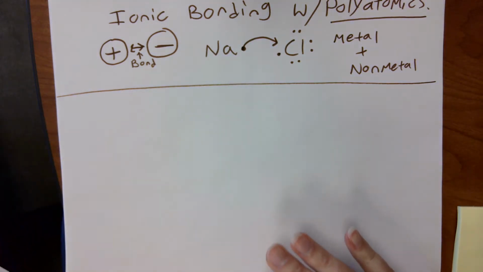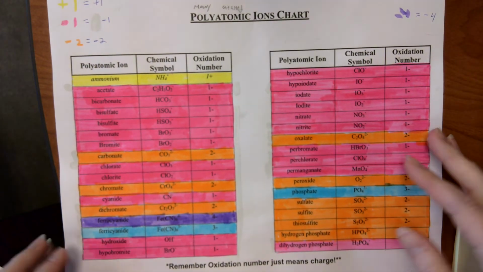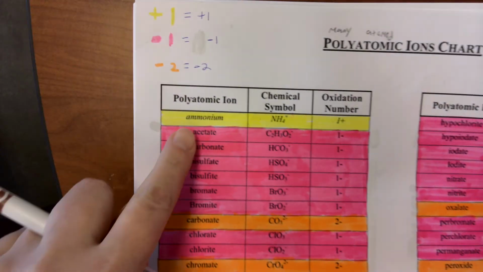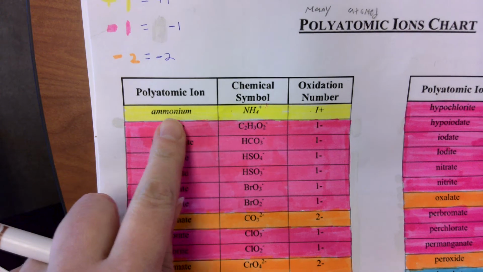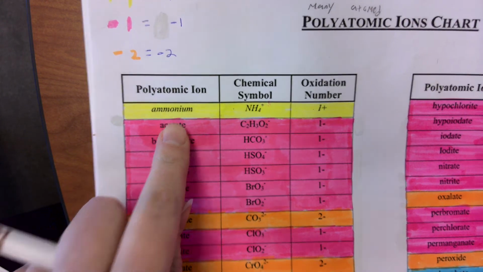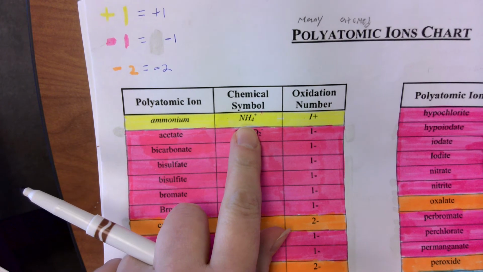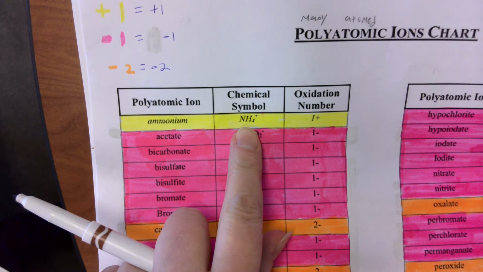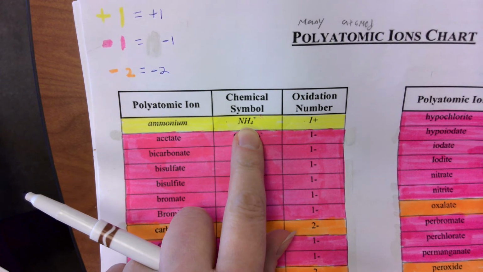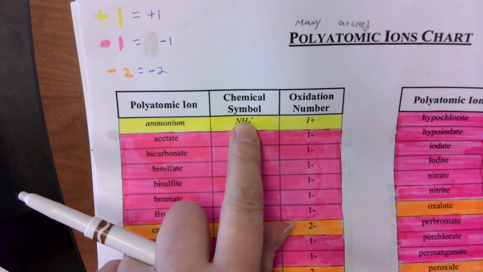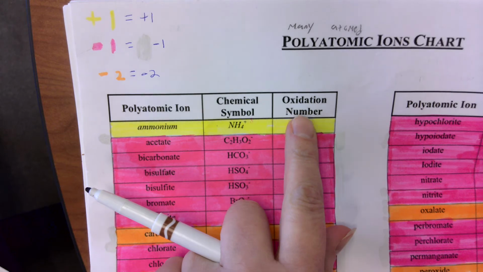If we look at some of them, let's look at one like ammonium, right up here. It's one of our first ones. It has a name, ammonium, and a chemical symbol, NH4+. This is what makes up ammonium, 1 nitrogen and 4 hydrogen, and when they bond together, they have a charge of +1, shown here under oxidation number.